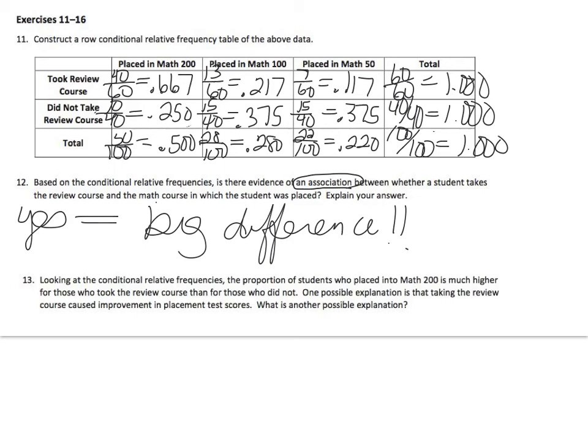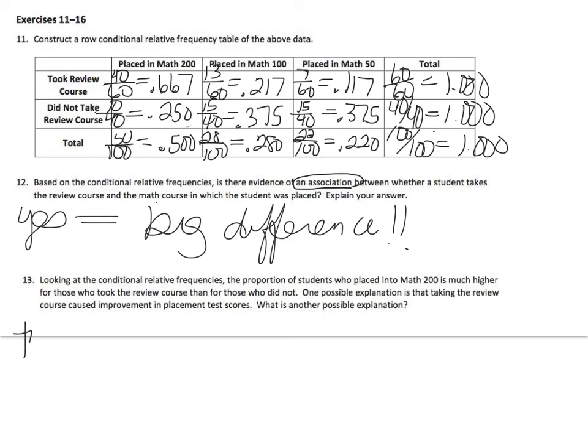Looking at the conditional relative frequencies, the proportion of students who placed in Math 200 is much higher for those who took the review course than for those who did not. One possible explanation is that taking the review course caused improvement in placement test scores. What is another possible explanation? Oh, I hate questions like this, right? Another possible explanation, let's think.